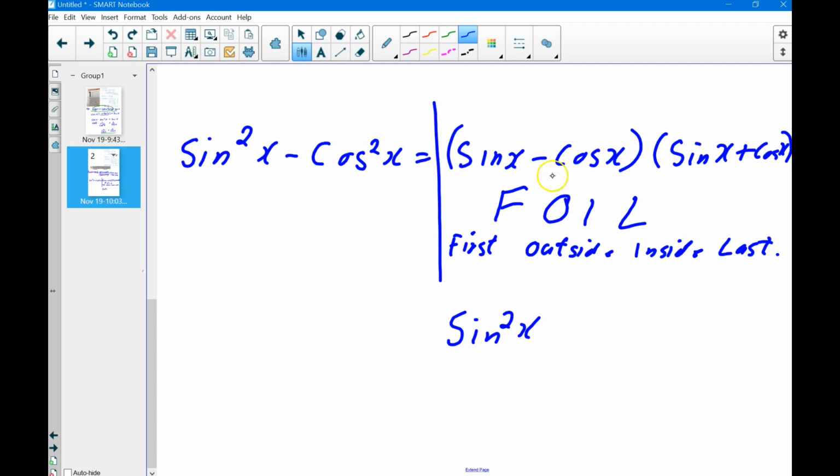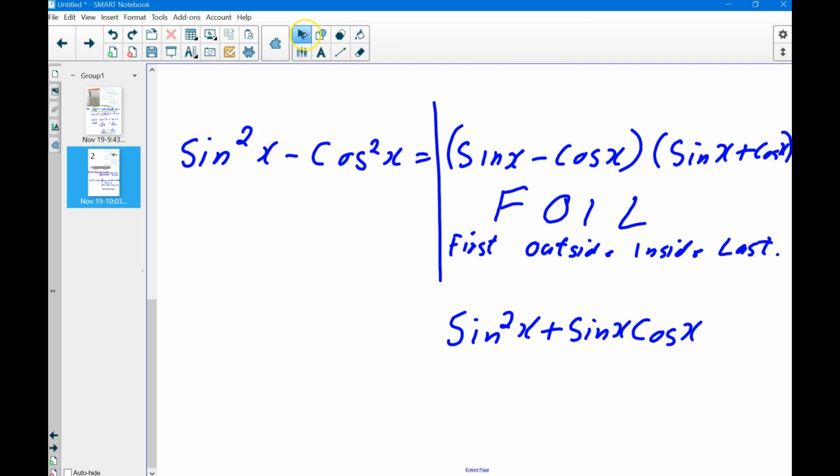The outside is sine x multiplied by cos x, so it's plus sine x cos x.